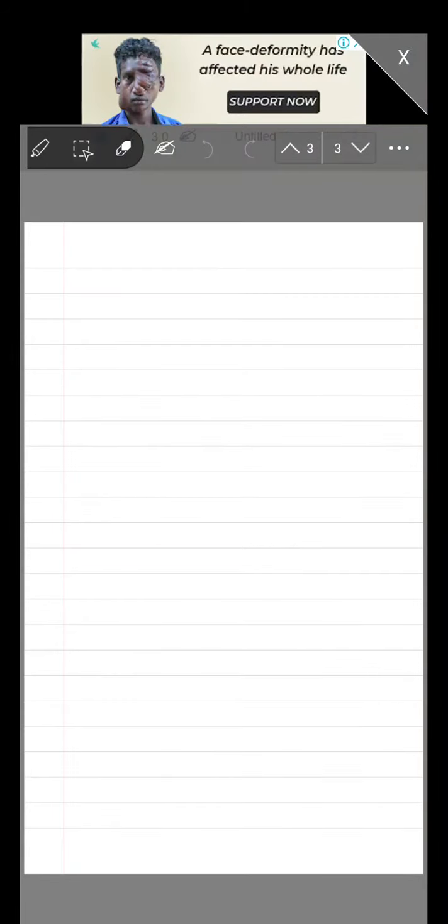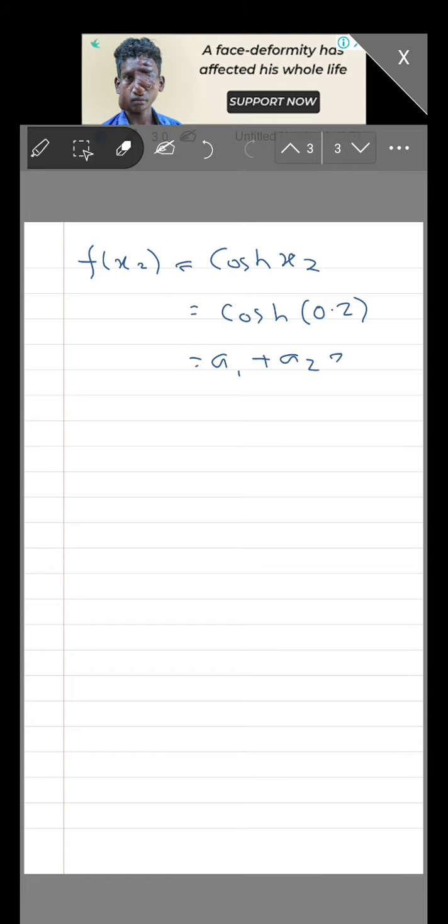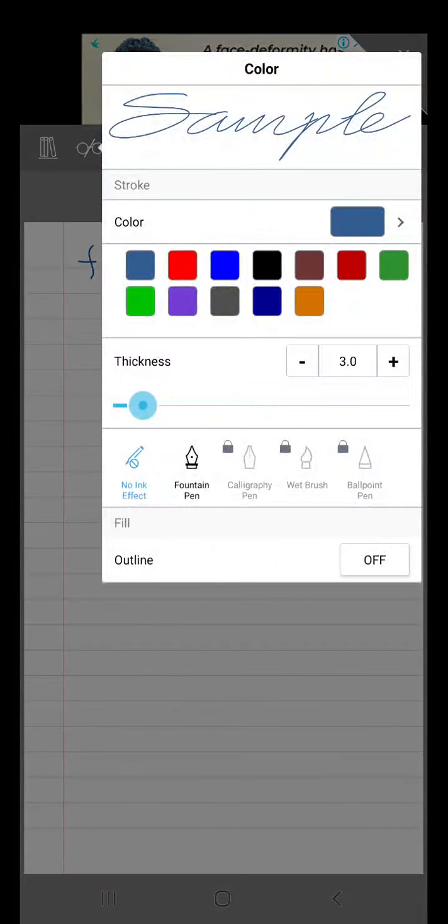Similarly, for x equal to x2, we can write f(x2) is equal to cosh(x2), where the second value x2 is 0.2, and it is equal to a1 plus a2x2, and this is equal to 1.020.